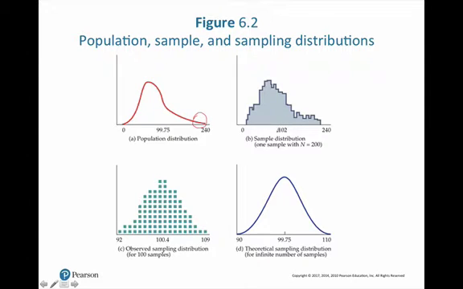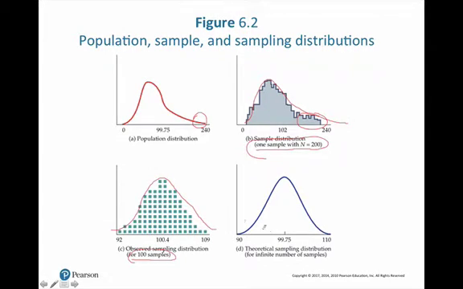Now I can have a sample distribution where I have one sample with 200 participants. And I can see here that it kind of mirrors the population distribution in that I have some positive skew. But once I look at the observed sampling distribution for 100 samples, then I can see here that I've kind of removed the influence of that skew.